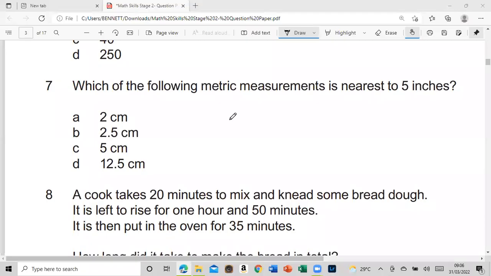Alright, so we know that 1 inch is supposed to be 2.5 centimeter. So all we have to do is multiply 5 times 2.5.